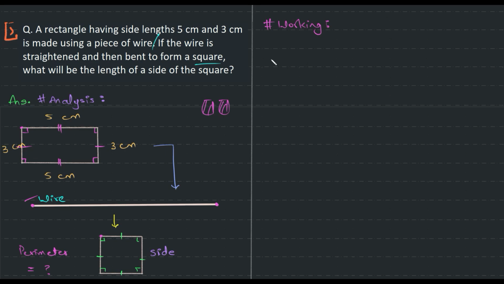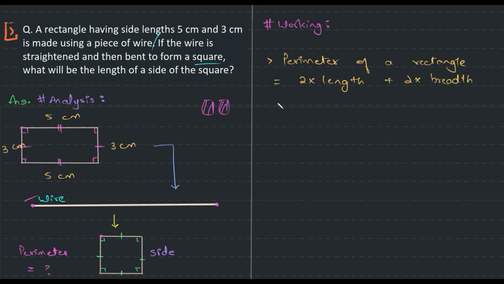Okay, let's look at it. First thing first, we're looking at the perimeter of a rectangle, which is given by 2 times the length plus 2 times the breadth.